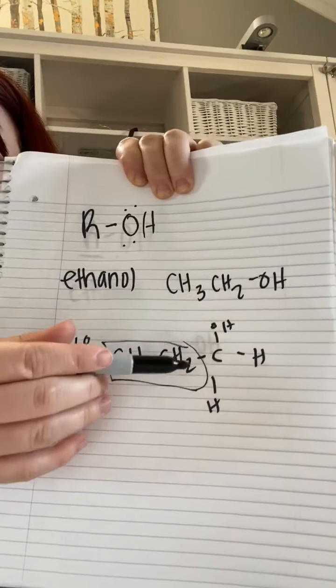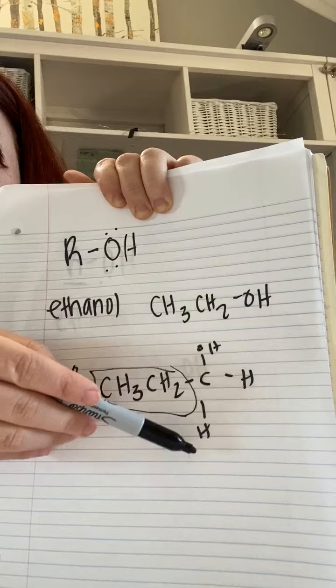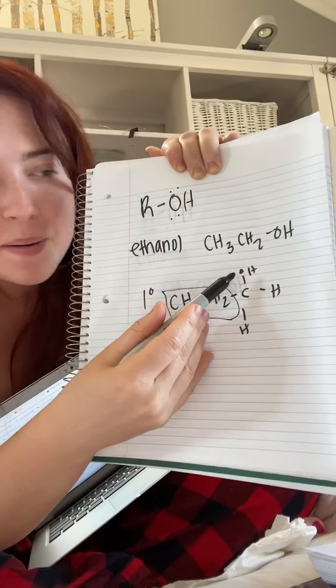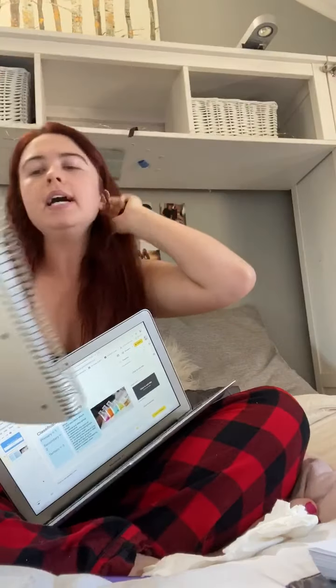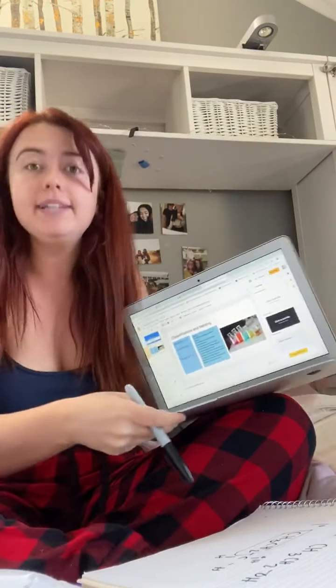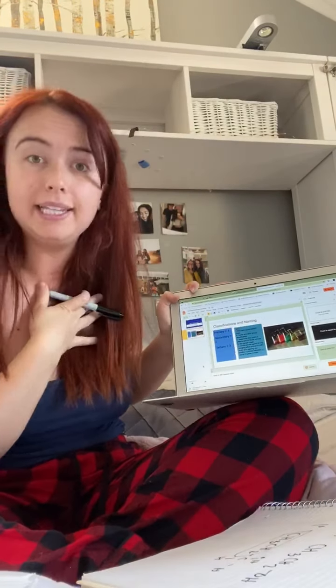Here you have your R group, your carbons, your hydrogens. You get the point. And then of course your hydroxyl group up there, my O. So yeah, 1, 2, 3, just make sure you correctly identify if it's primary, secondary, or tertiary. It's pretty simple. If you look at them, you find the R groups, and they're usually together. That is what helps me, at least.